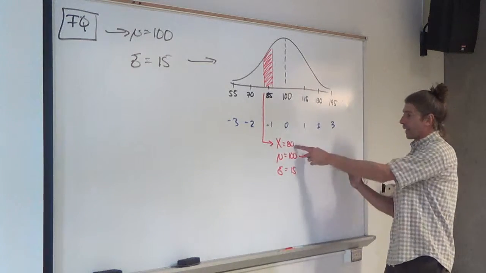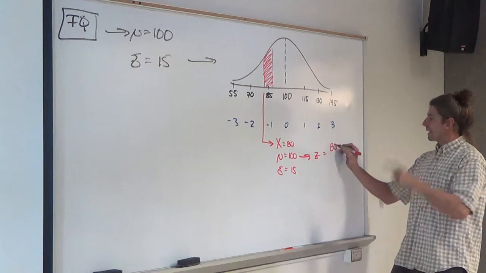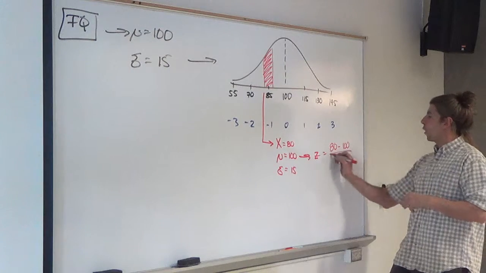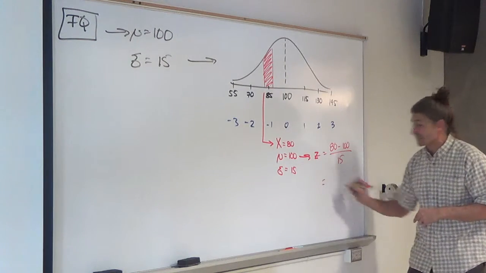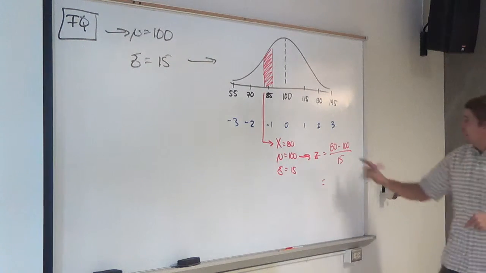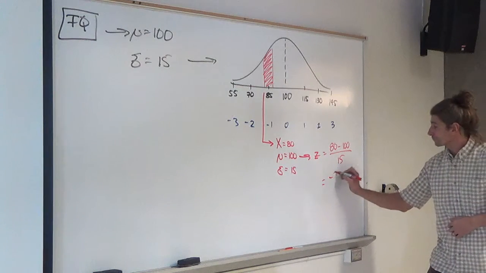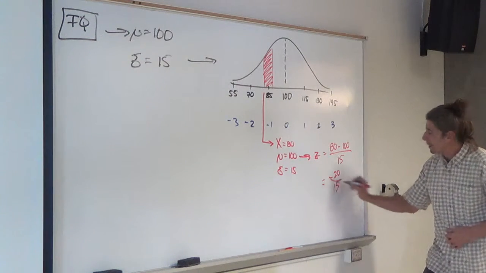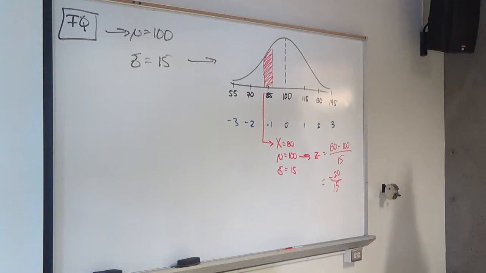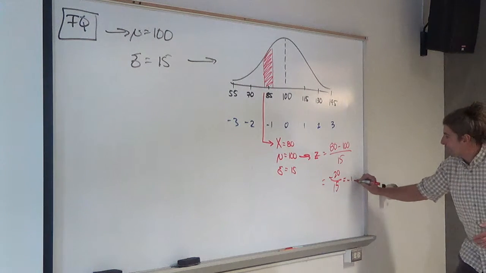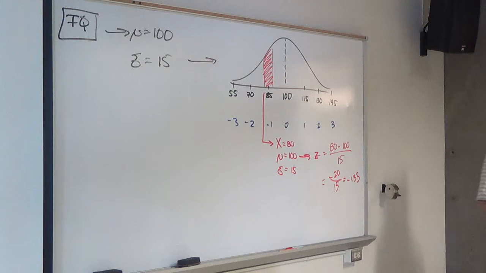The z-score for 80 is 80 minus 100 over 15. Alicia, you were damn close before. That's -20, but when you divide that by 15, it weights it for the size of the ruler we're using. This ends up being -1.33. That's the z-score. It's 1.33 standard deviations down from average.